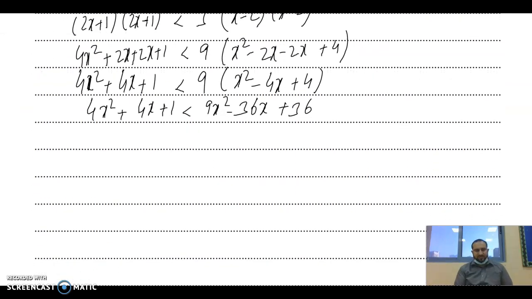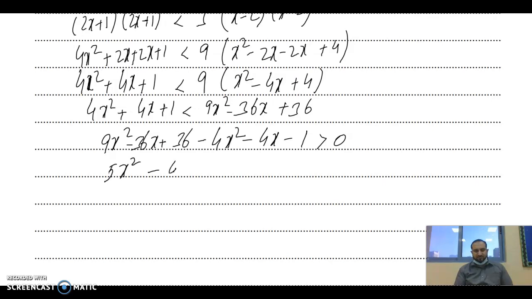Then here we can bring everything to one side, so this will be 9x squared minus 36x plus 36 minus 4x squared minus 4x, and then minus 1 is greater than 0. If we simplify this, it will be 5x squared minus 40x plus 35 is greater than 0.